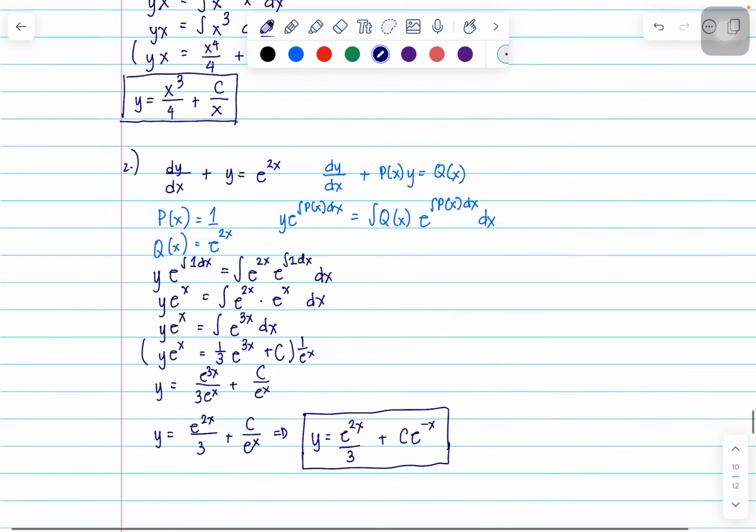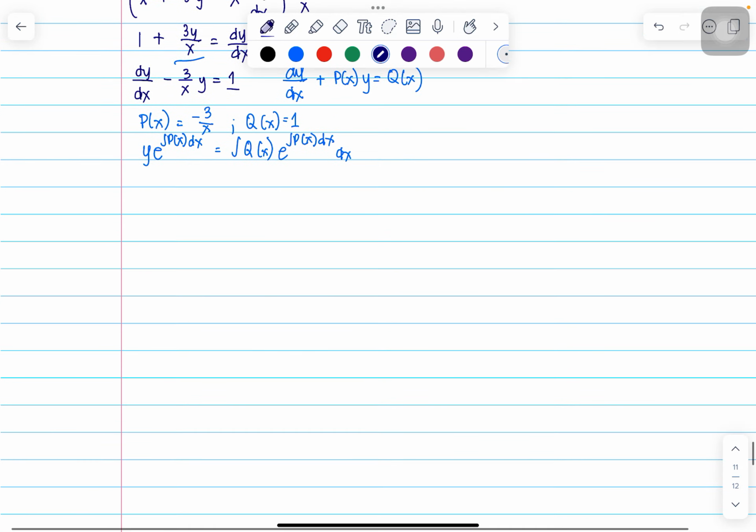So let's substitute. y e to the integral of, what is p of x? That's negative 3 over x dx is equal to the integral of, what is q of x? So that's 1 times e to the integral of negative 3 over x dx.